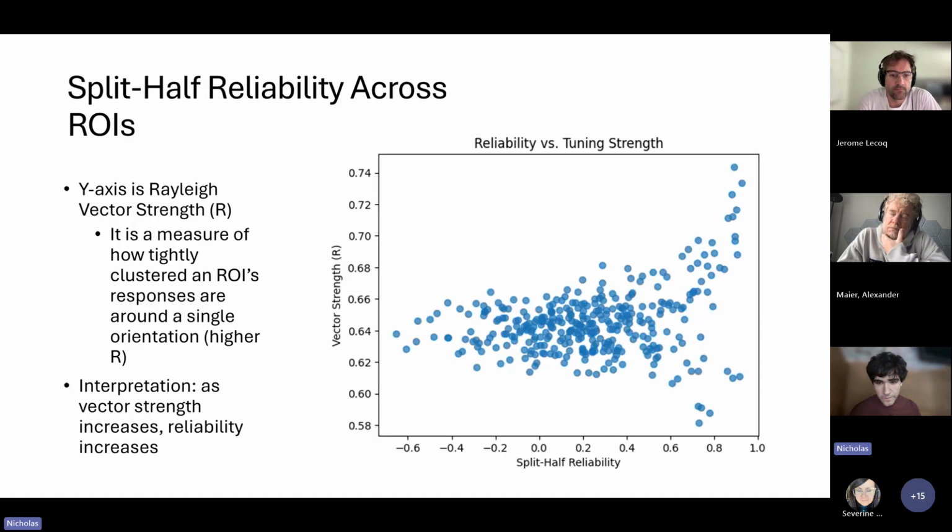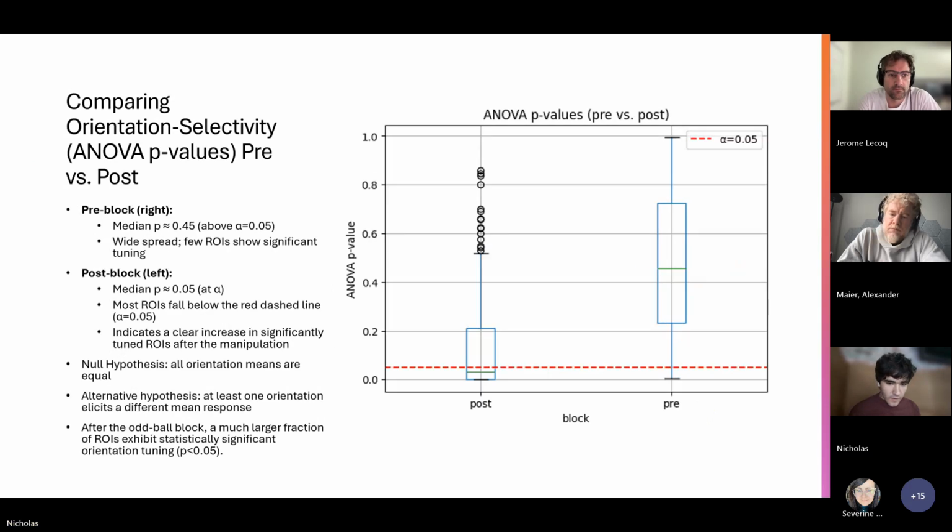But I think that this figure suggests that may not be the case, since it seems like if this test is reliable and it passes the effect of p-value inflation, I think it suggests that we're seeing stronger tuning after the presentation of the oddball block, and that is ROIs that exhibit clear tuning preferences, and that these ROIs tend to retain that tuning in the post block.